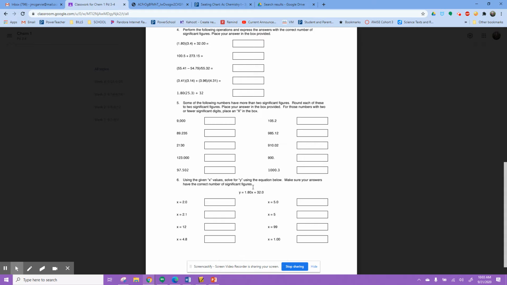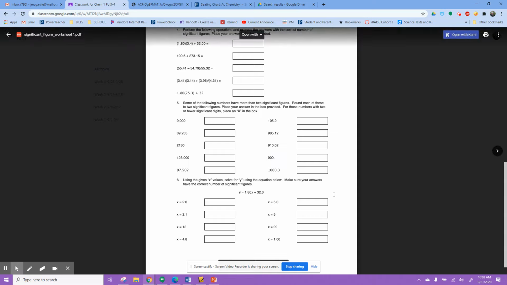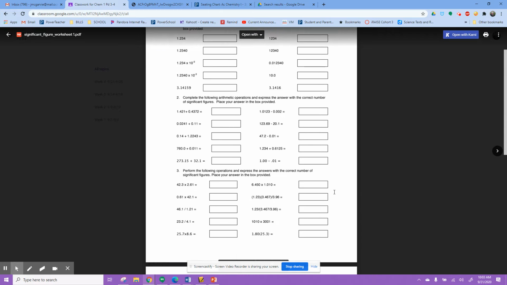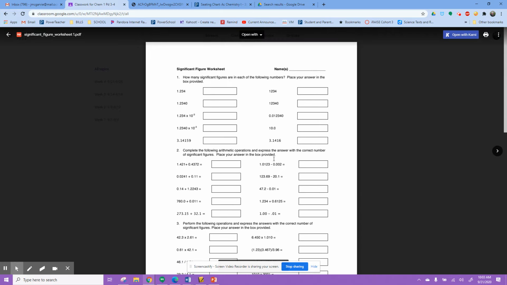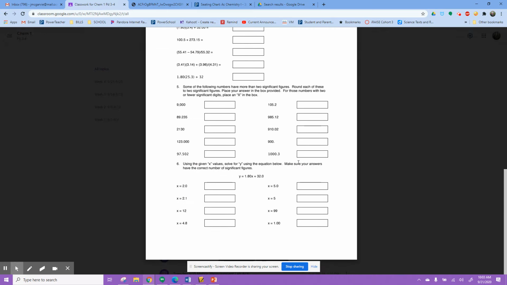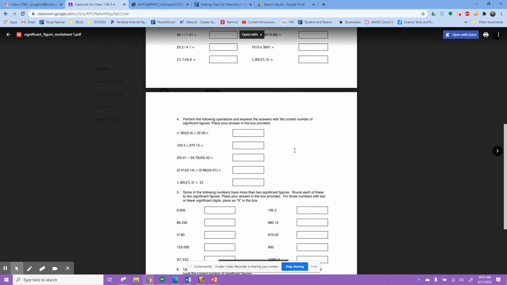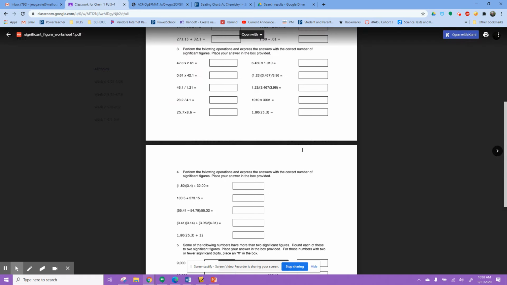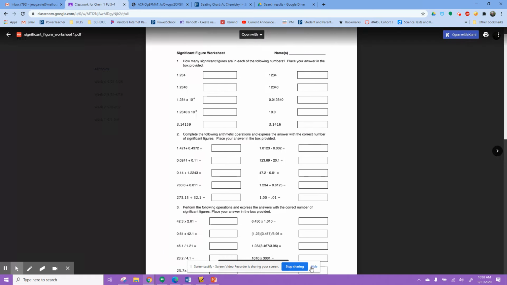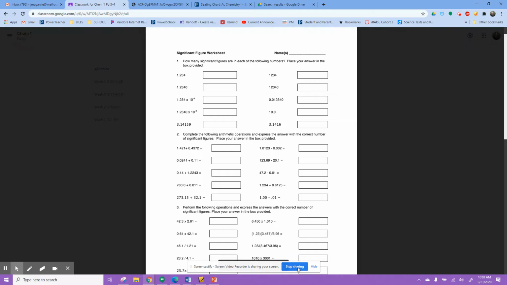This is actually the equation for turning Celsius to Fahrenheit, in case you cared or wondered. So that's what we're going to do. Practice sig digs. If you need a calculator, I would use a calculator for the numbers and then just round to the right number of sig digs. All right, if you have questions, make sure you ask.